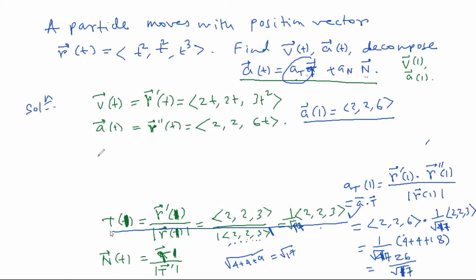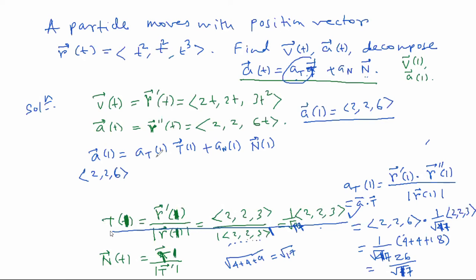So if you write a at 1, I already know a of 1 is 2, 2, 6, right?